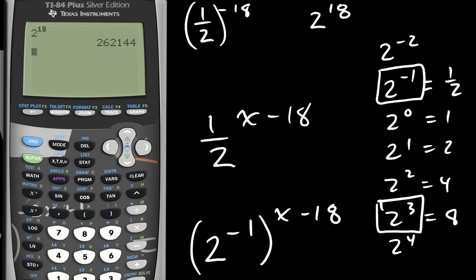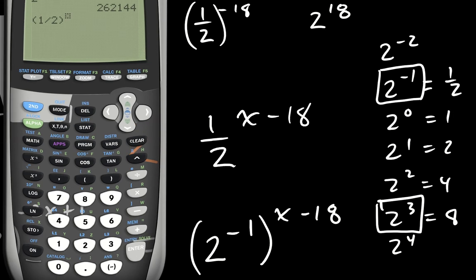So let's see if that's the same thing as if I take 1/2. I'm going to go open parentheses, and I'm going to go 1 divided by 2. That's 1/2. And I'm going to raise that to the, now I'm hitting not the minus button, but the negative symbol down here next to the decimal. So raised to the negative 18 power.